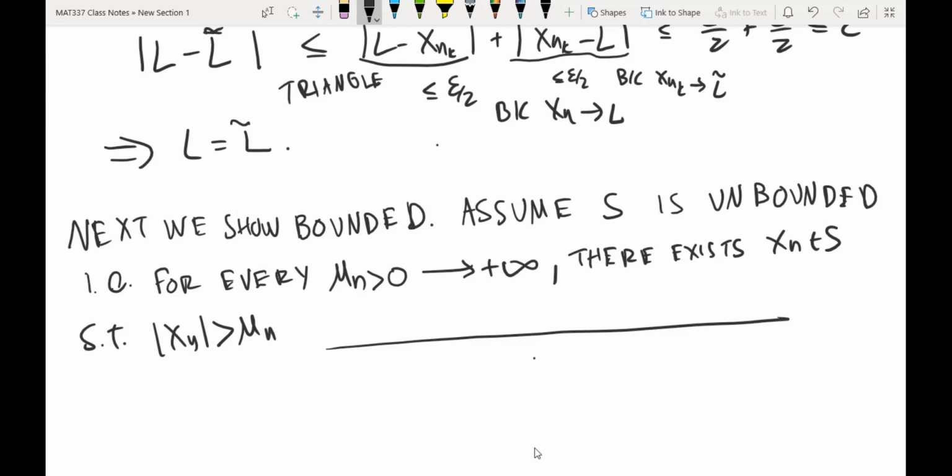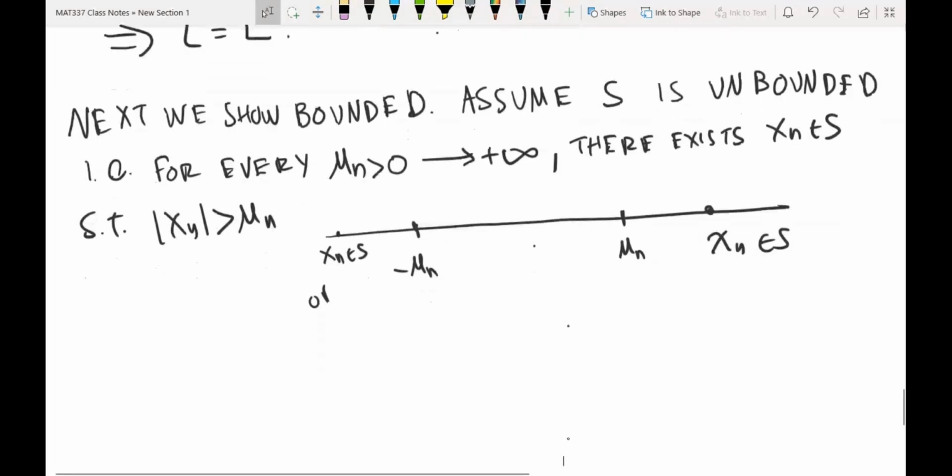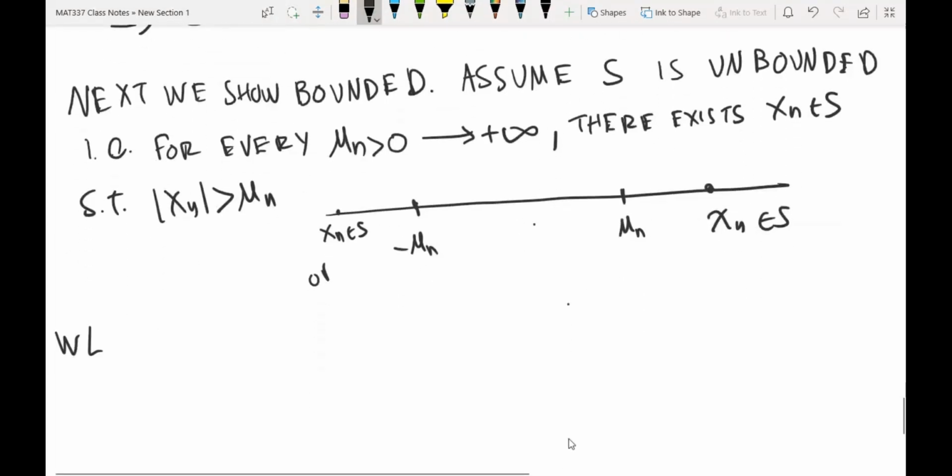So when we say a set is unbounded, it means you give me any m_n and I can give you some element x_n of S that is above it or below it. Either one. Without loss of generality, take x_n to be positive by taking a subsequence.